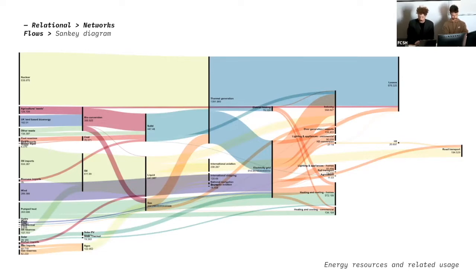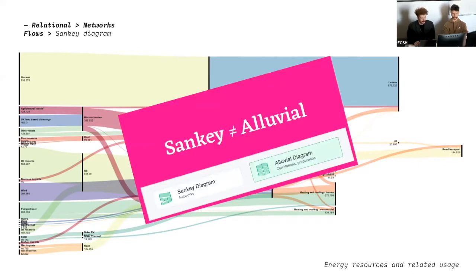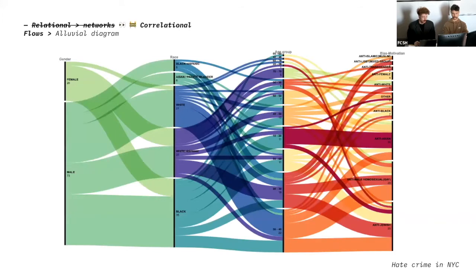Another representation is, for example, the Sankey diagram that has the same dataset, and the Sankey diagram takes an object and draws the quantity of flows between the different nodes that are represented here with the black lines. And it's important to point out the difference between the Sankey diagram and the alluvial diagram. The alluvial diagram represents the flows and divides the dataset in different dimensions.